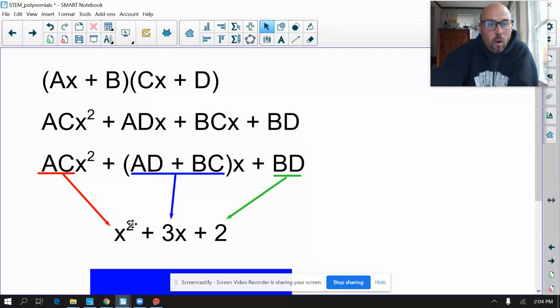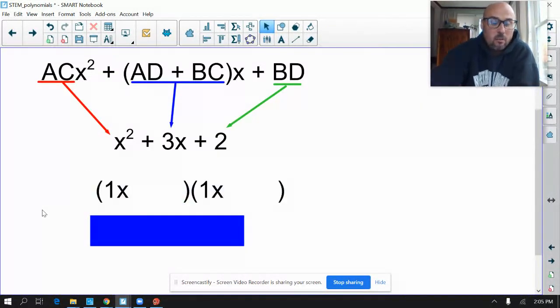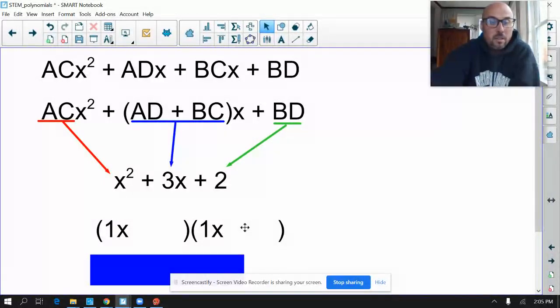So there's only one way to take two integers and multiply them to get one. You could take 1 times 1 or negative 1 times negative 1, but most often it's just 1 times 1. So right away, when I try to factor this trinomial, it's going to be 1x with something times 1x with something.